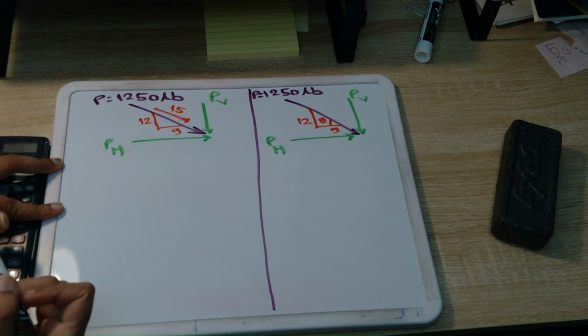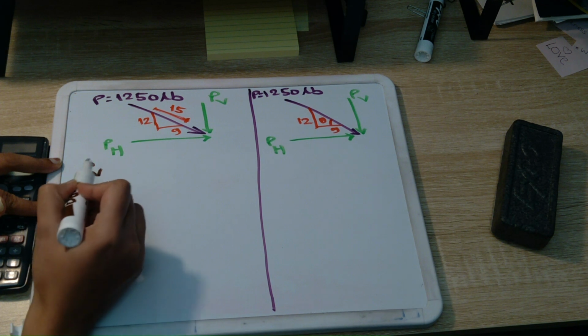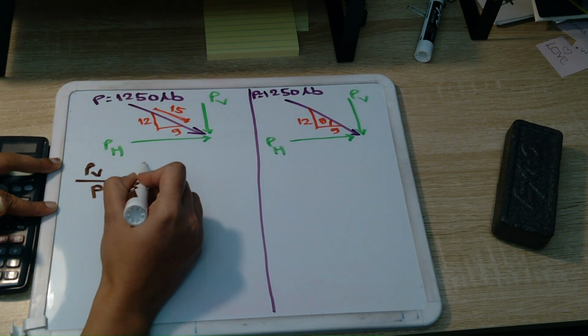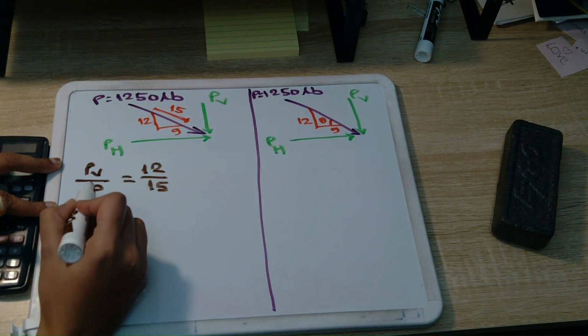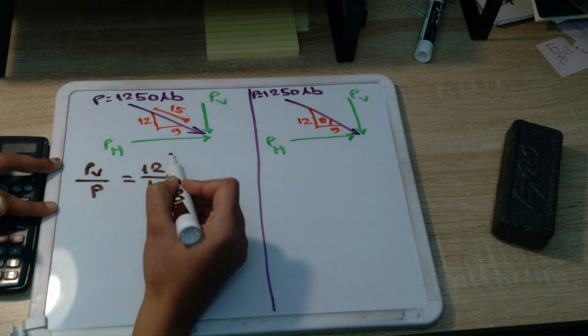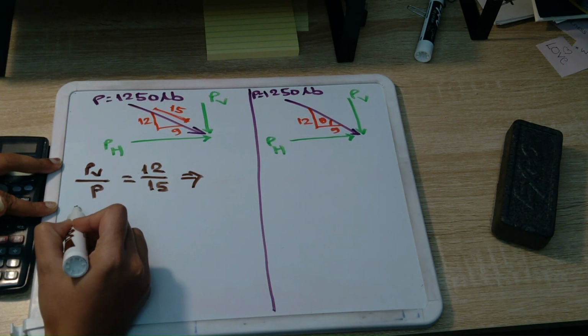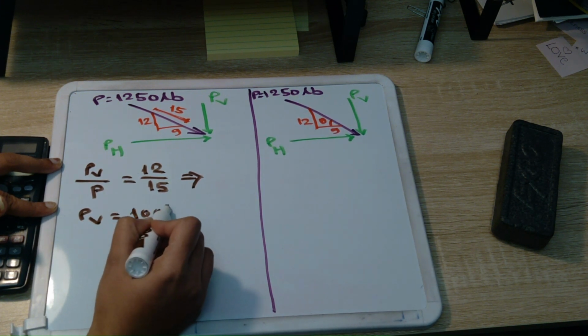So by applying concept of similar triangle, PV upon P is equal to 12 upon 15. We know P, so we can find out PV as 1000 lb.